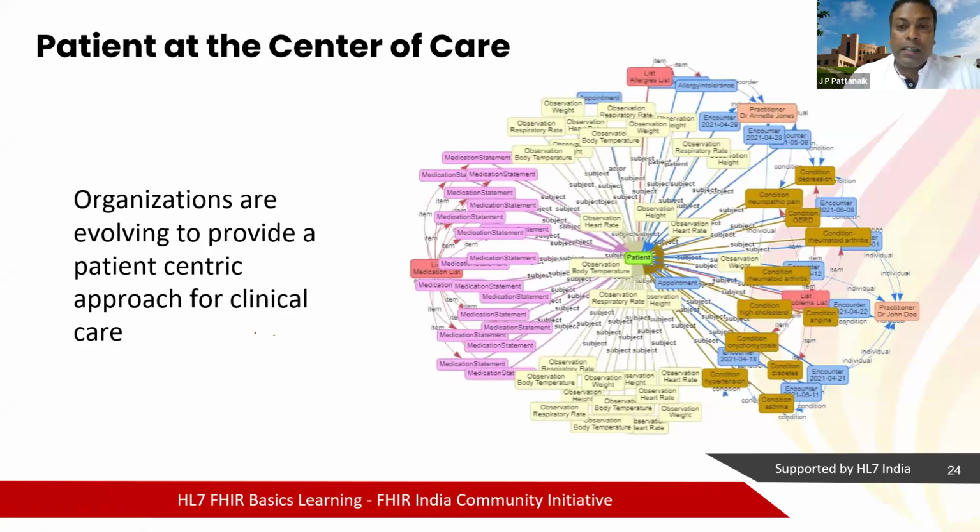So that's where the need for interoperability is much greater today. As you can see here, the patient is in the center. With a lot of activities, multiple stakeholders are all collecting or creating tons of data for the patient. But the only thing is they are all happening in silos. We need to stitch them together.